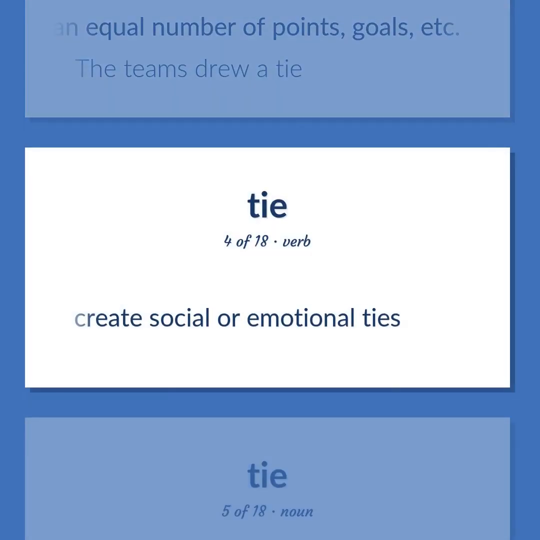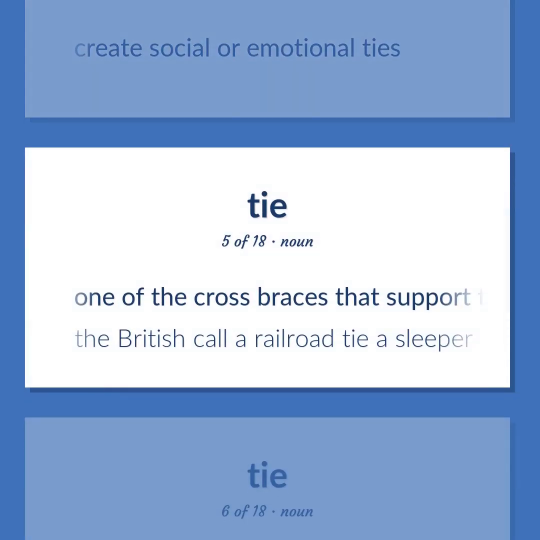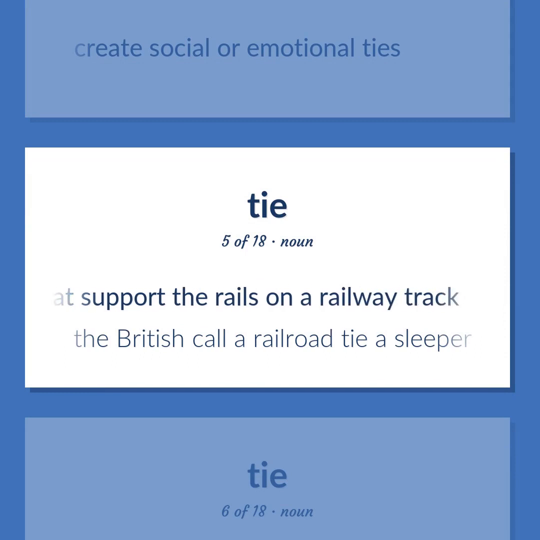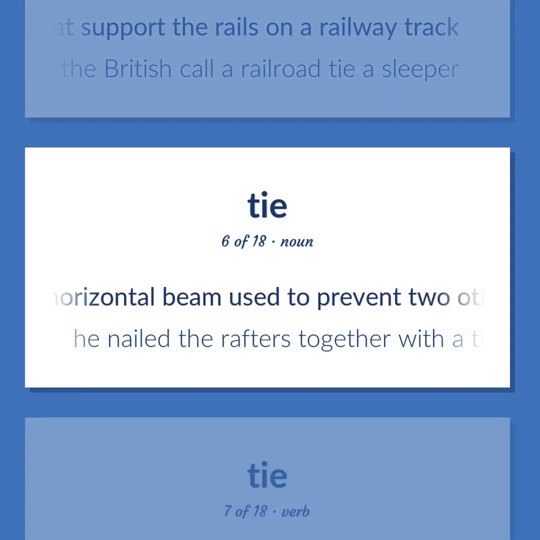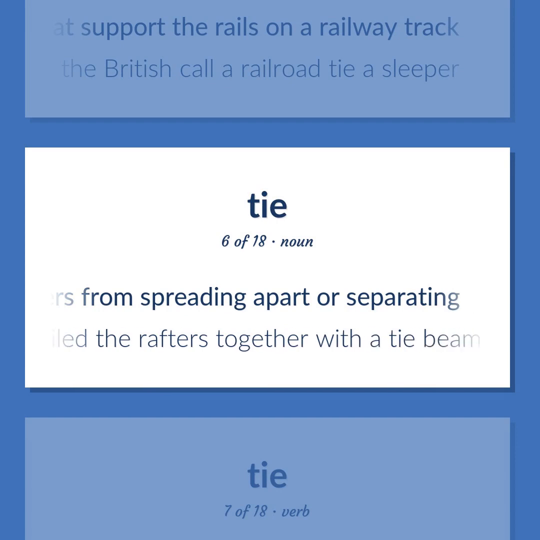Create social or emotional ties. One of the cross braces that support the rails on a railway track. The British call a railroad tie a sleeper. A horizontal beam used to prevent two other structural members from spreading apart or separating. He nailed the rafters together with a tie beam.